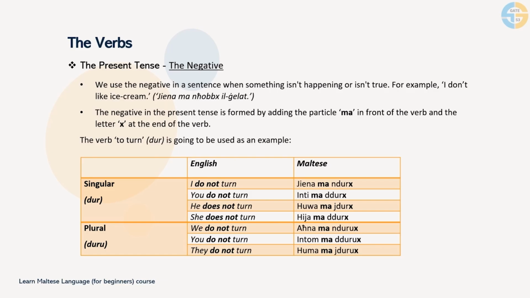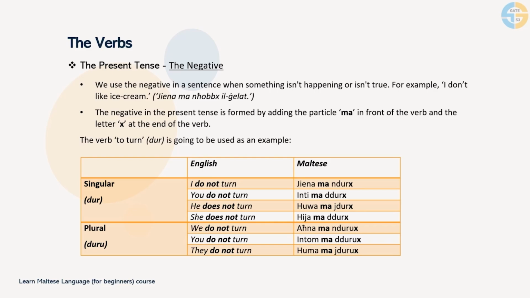So it is the ma ndurx. Okay, ma ndurx. So we are adding the ma in front of the conjugated verb in the present tense.